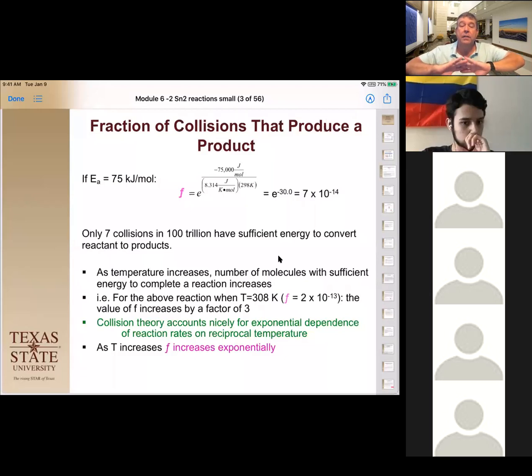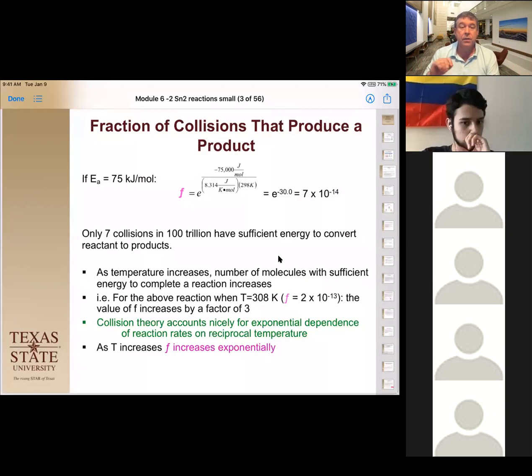We actually increase the number of collisions by 3 times. And in general, that doubles the number of productive collisions we have.